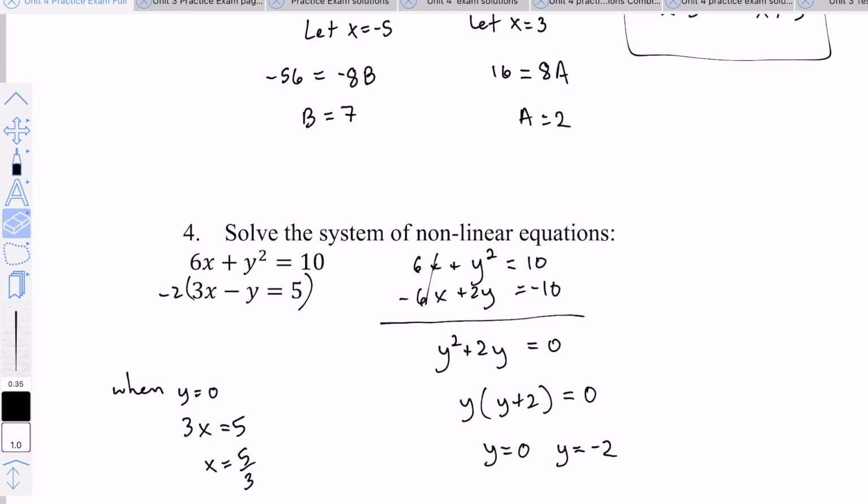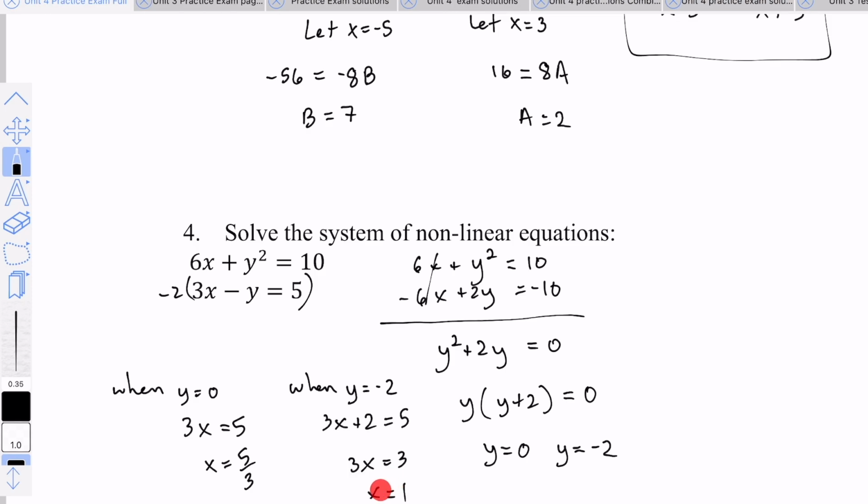When y equals -2, here we're going to have 3x subtract -2, which is +2. So 3x equals 3, x equals 1.